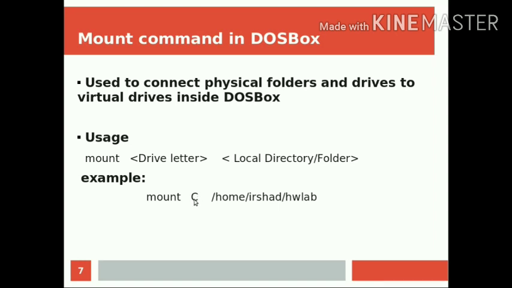We can use names from A to Z, but Z is already used as a drive, so we have to use some other letter. We have to use only a single character as the drive letter. Then the complete path for our Ubuntu folder.